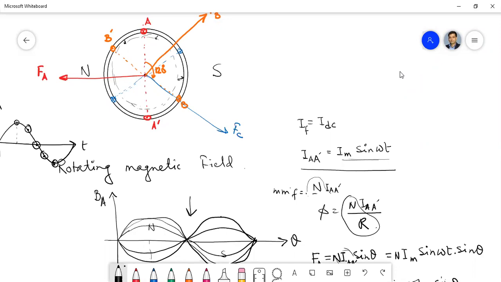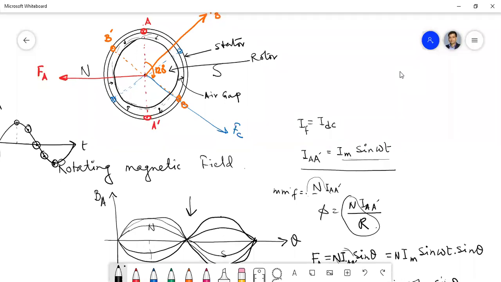Everywhere the gap will remain constant, and this is called the air gap. So this is your stator for the three-phase induction motor, and inside you have the rotor. In between you have the air gap.